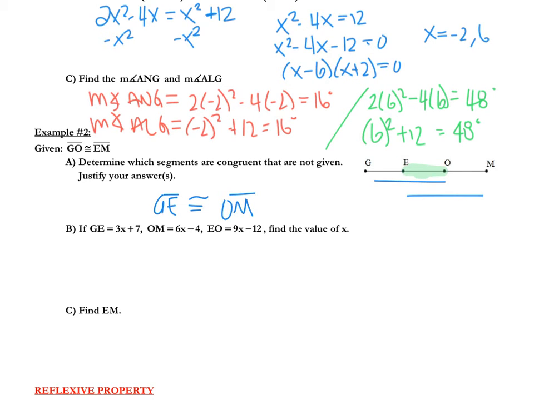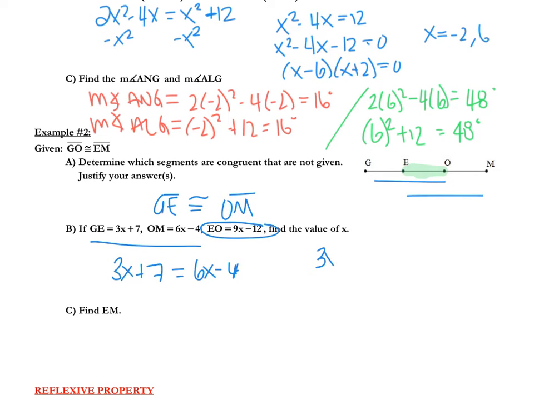So if we know those two are congruent, we don't even need this middle information of EO. We can just set these two equal to each other and solve. That's the subtraction one, that if you have congruent segments and you take away the same segment, then the differences are congruent.